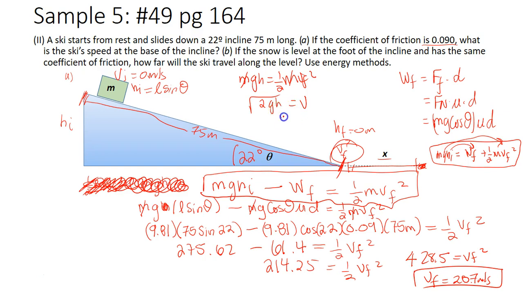So without friction, this is about 23.4 meters per second. As you can see, it's not a huge difference, but it does do what it's supposed to do, which is move slower in the presence of friction. So there you have that.